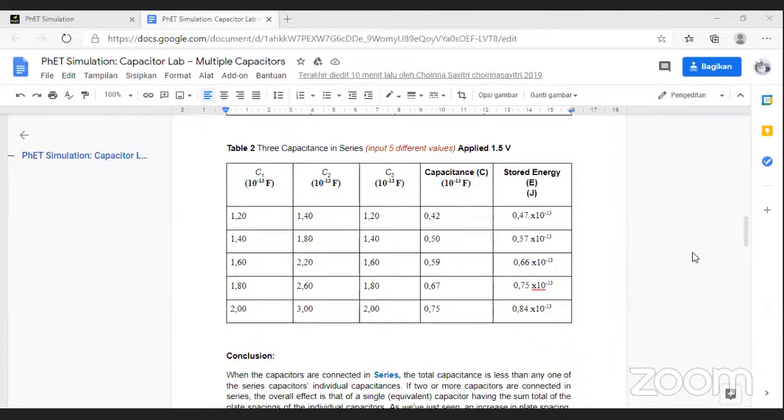Capacitance 3 is 1.20 times 10 to the power of minus 13. The total capacitance is 0.42 times 10 to the power of minus 13. So the stored energy is 0.47 times 10 to the power of minus 13 joule.